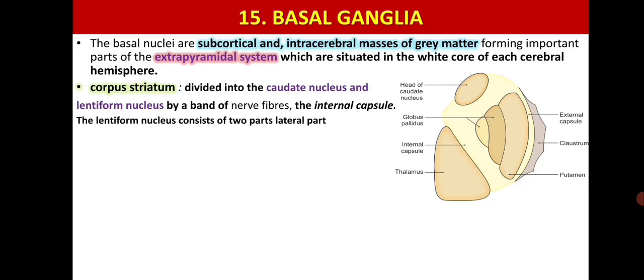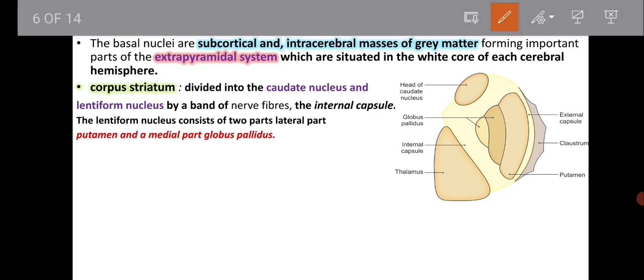These two nuclei are separated by a band of white fibers, known as projection fibers, that is the internal capsule. And this lentiform nucleus consists of two parts. The lateral part is known as the putamen, and the medial part is known as the globus pallidus.